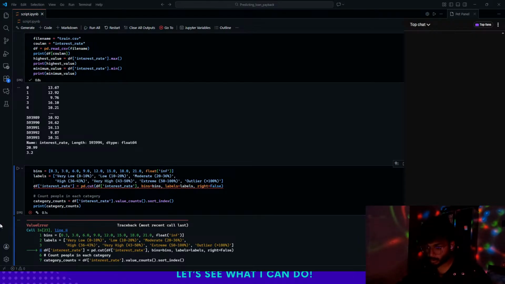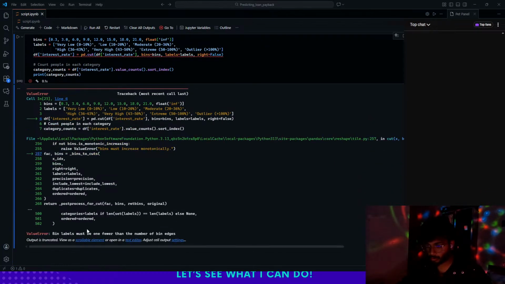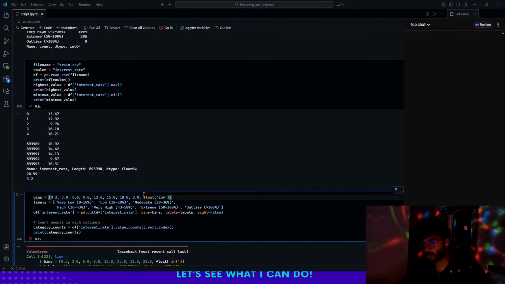Interesting. Bins must be one fewer than the number of bin edges. Oh, 20.9.